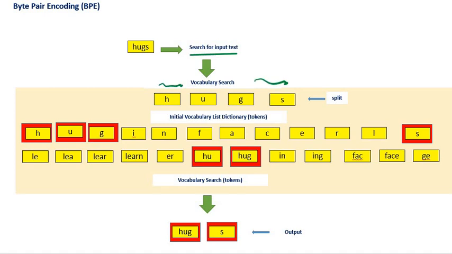In the vocabulary search, it searches from the initial vocabulary list of the dictionary. So it is searching HUG. Okay, it's taking, right. There is another S. So the token hug is already there. From the vocabulary search, we get the final output as 2 tokens: one is hug and the other is S.